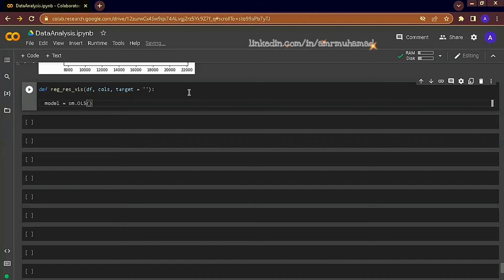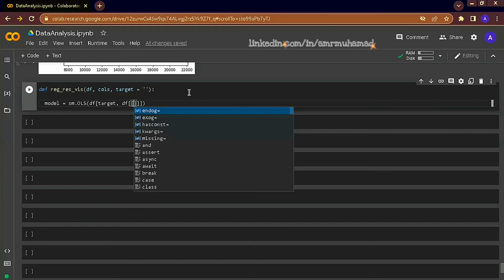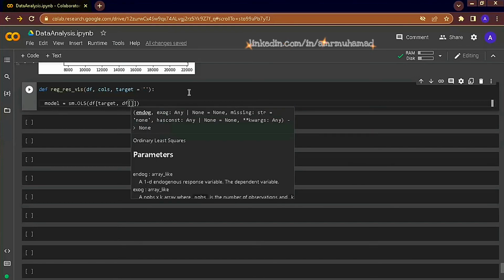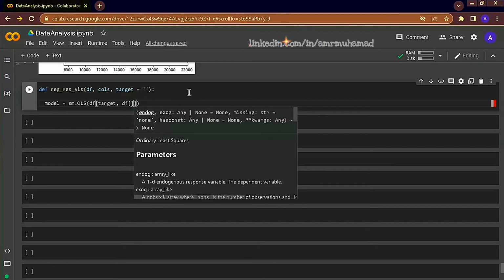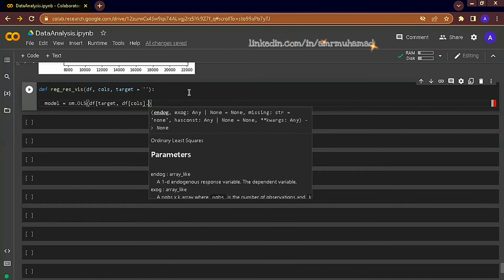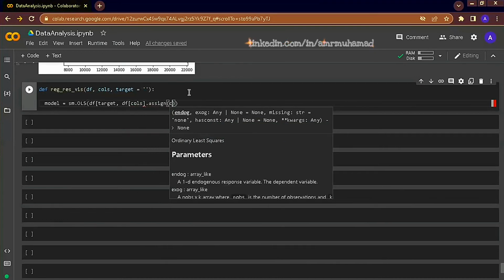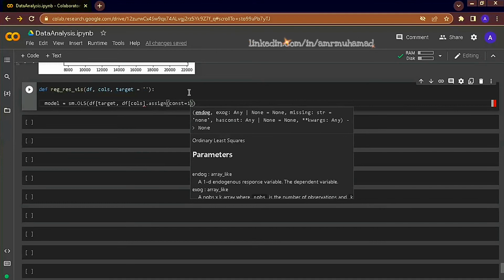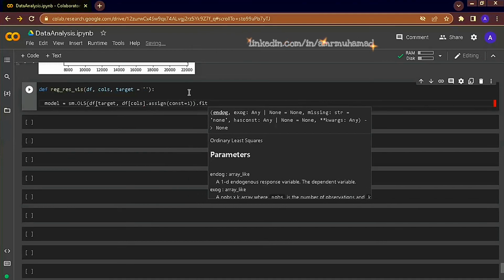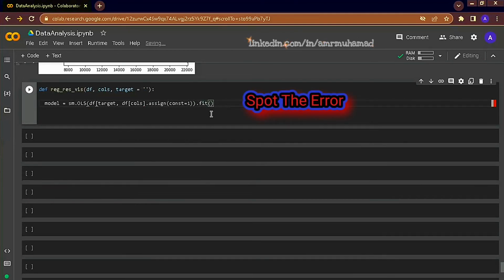We will pass in the df and target. We will also pass df, as we will pass the columns in the form of a list, so we will keep it as columns, assign const equal 1, and .fit. Okay, then we want to print model.summary.